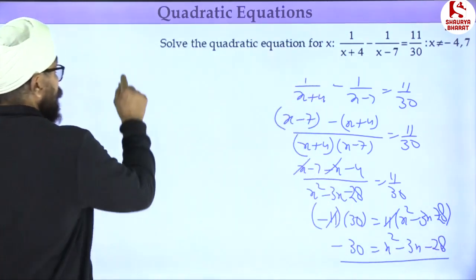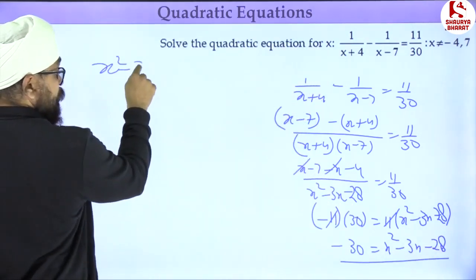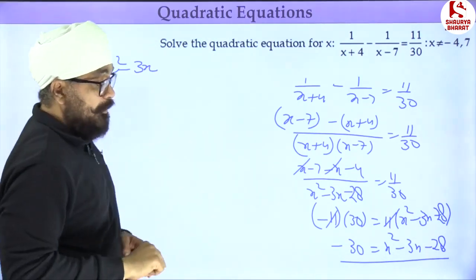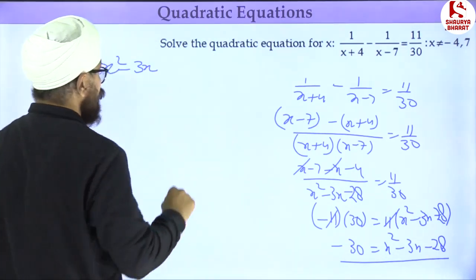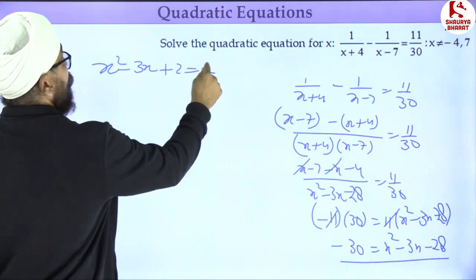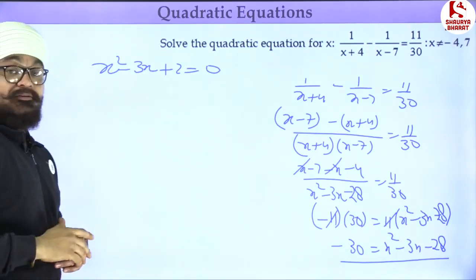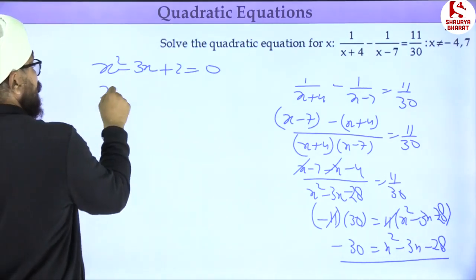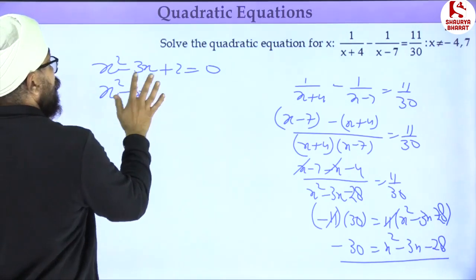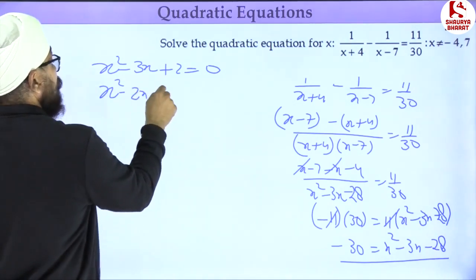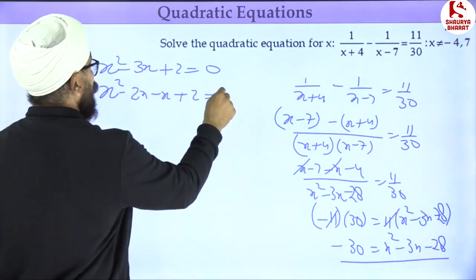Now you see, we are going to get a quadratic equation x squared minus 3x and minus 28. When this goes to that side, it is plus 2. Very simple. Now this has a clear cut format, splitting the middle term. So x squared minus 2x and minus x plus 2 is equal to 0.